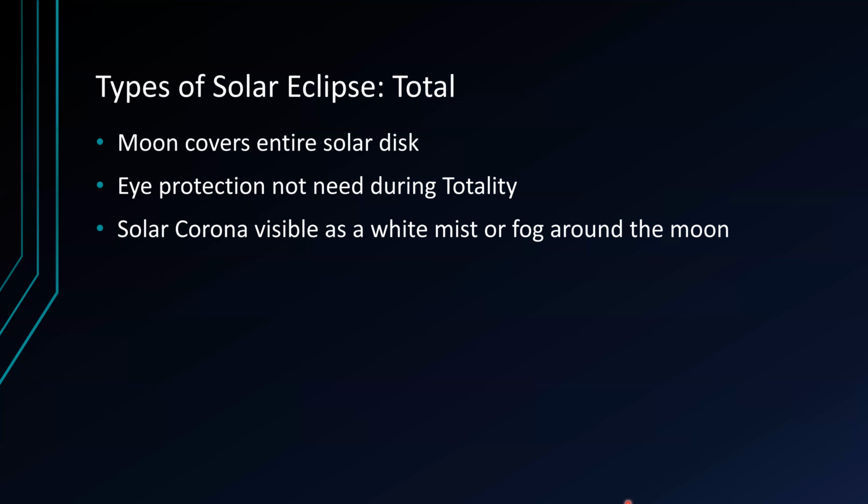This is also the only point where we are able to see the solar corona, which is the hot stream of solar particles that are leaving the surface of the sun. This part eventually forms part of the solar winds.